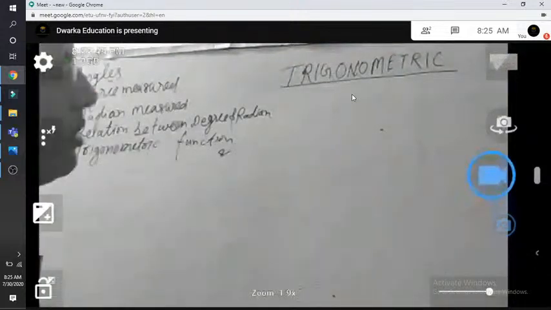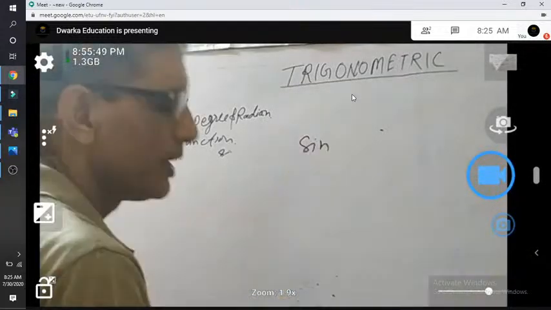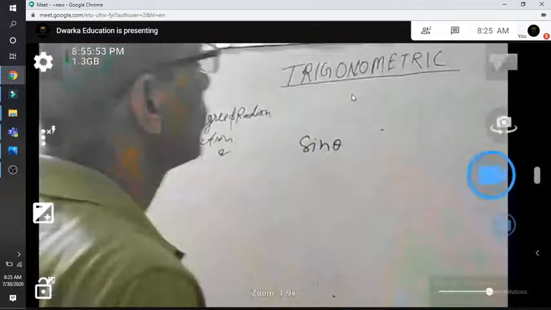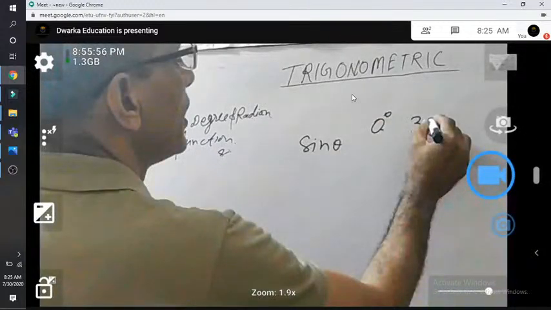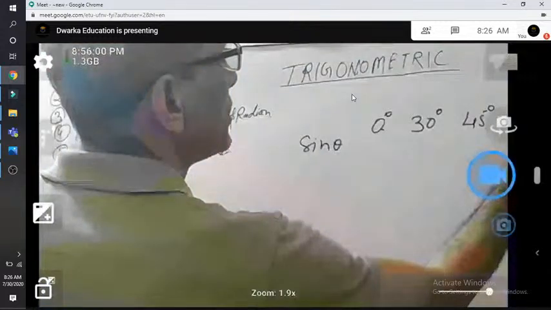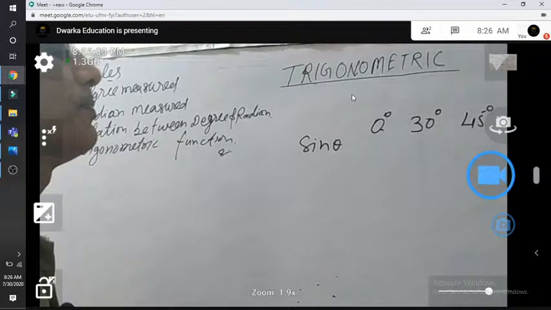But first of all, sin theta. At this level we talk only about 0 degree, 30 degree, 45 degree, 60 degree, and 90 degree. These values we have found.